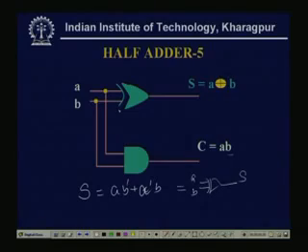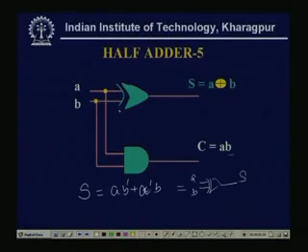So, MSI means medium scale integrated circuits, where instead of the basic gates AND or NOT, XOR gates, XOR and XNOR are also available, then we can easily use this type of circuit for half adder. And see, there are only 2 gates needed for that. So, this is the minimum, only 2 gates are necessary.